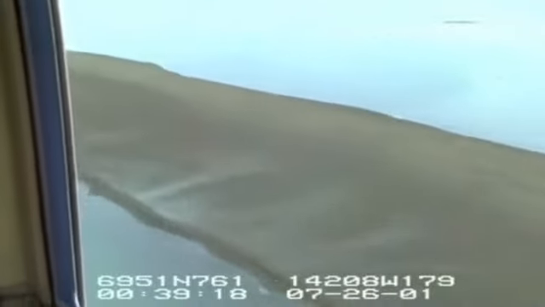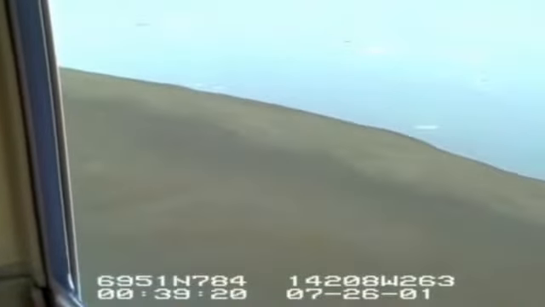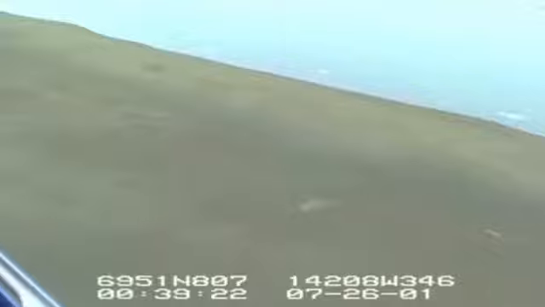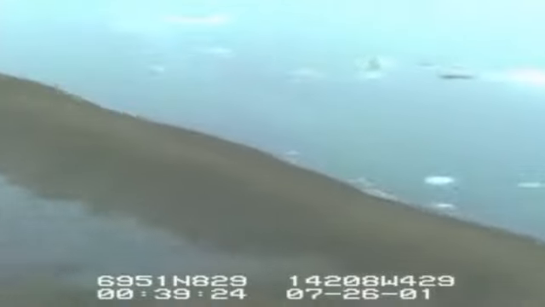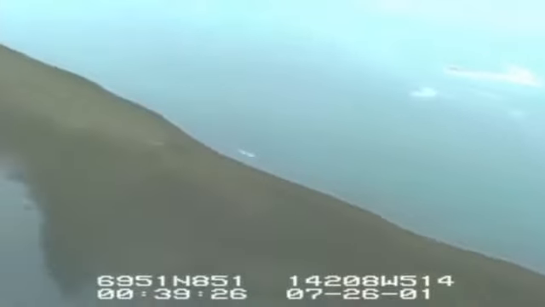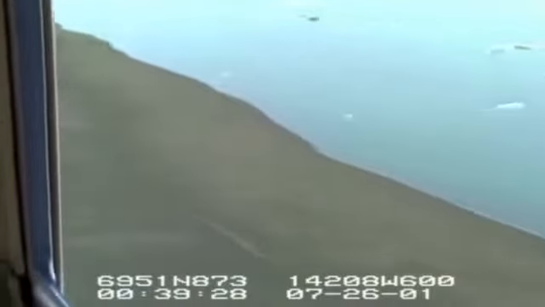Sands, no coarse fraction here, no granules, pebbles or cobbles. Medium fine grain sand beach.